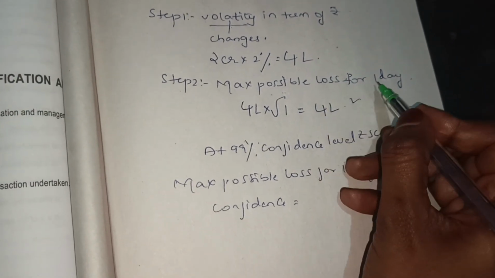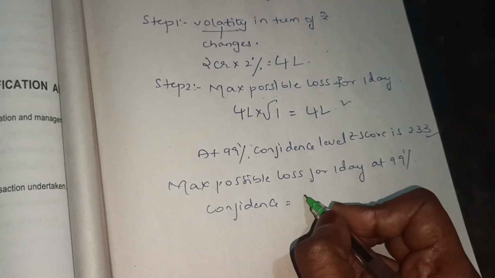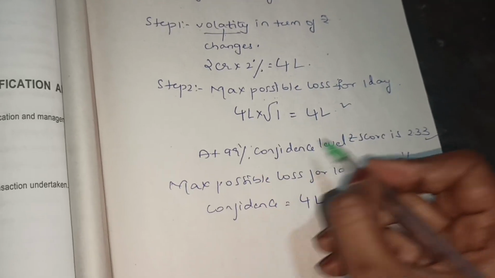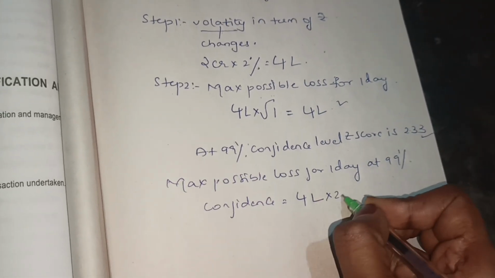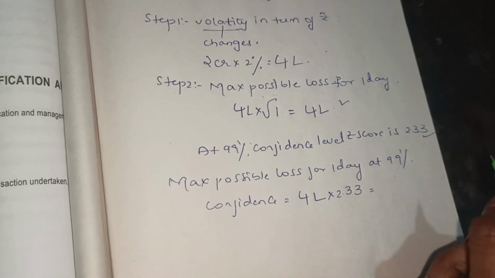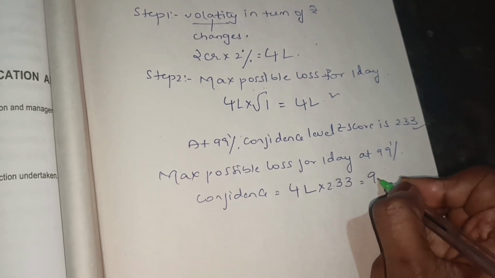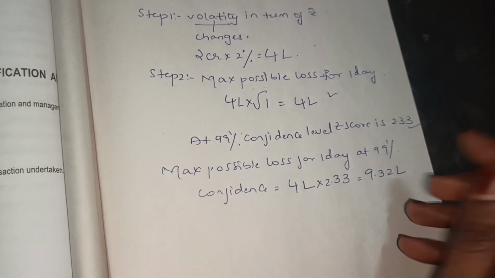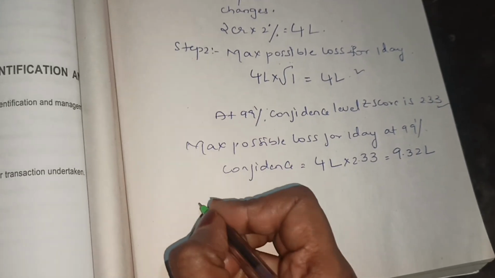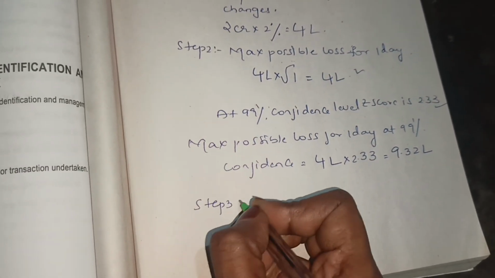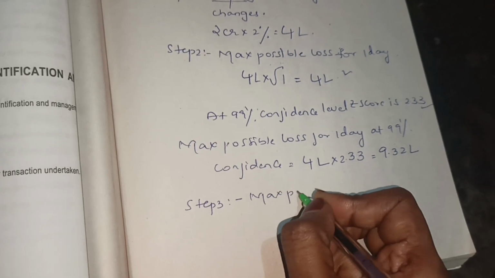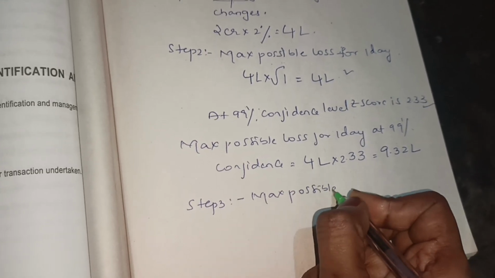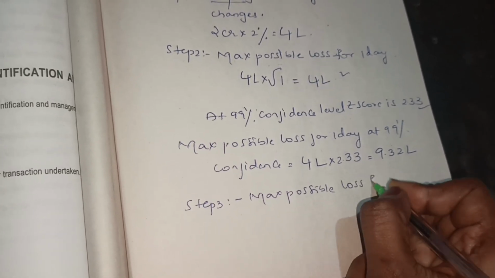We already got maximum possible loss for one day as 4 lakh. We already know at 99% confidence Z score is 2.33. So 4 lakh into 2.33 will be 9,32,000.